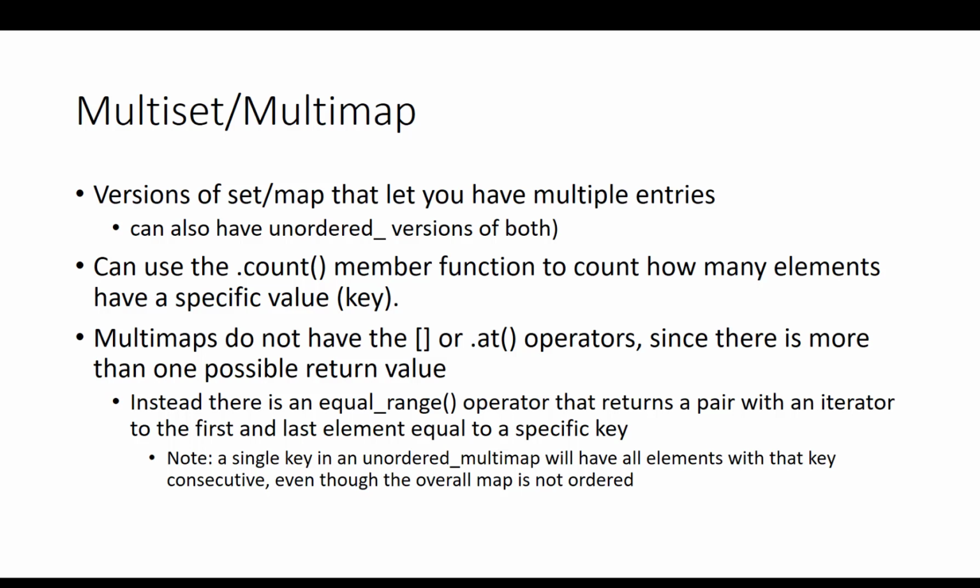So if I have a multi-map and I give it a key and I entered 5 things with that key value, it'll give me all of those elements that had that particular key, where my starting iterator points to the first one and my ending iterator points just after the last one, so that you can just do a loop just like you would any other loop.